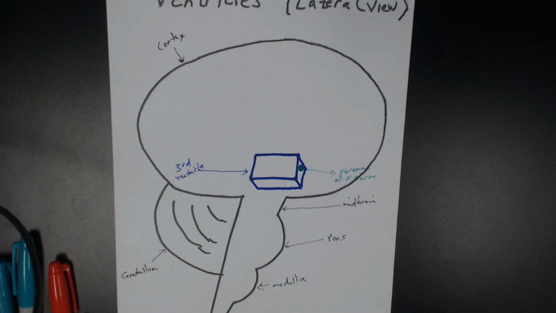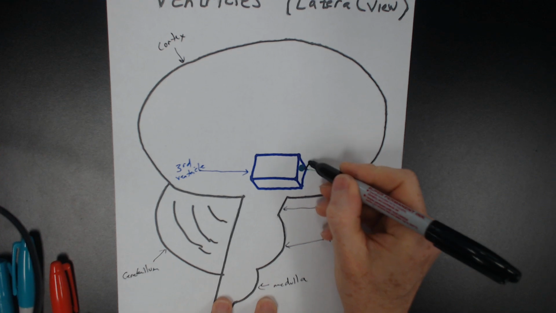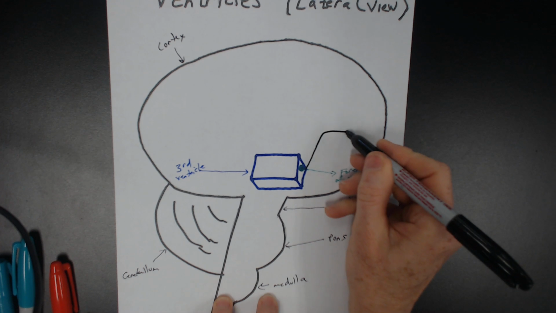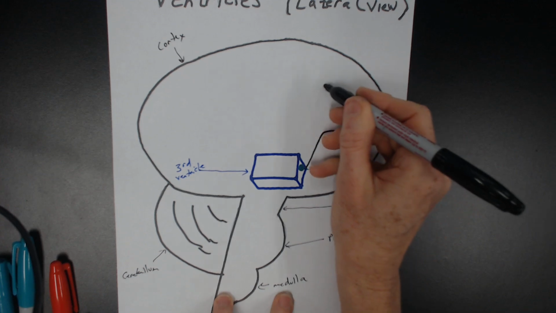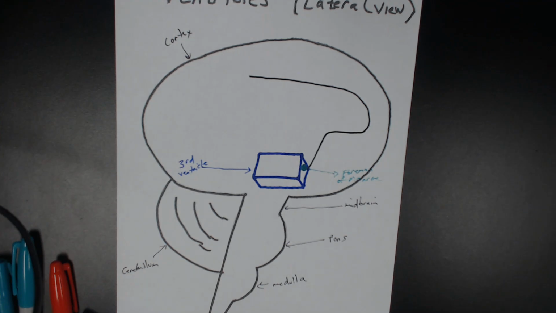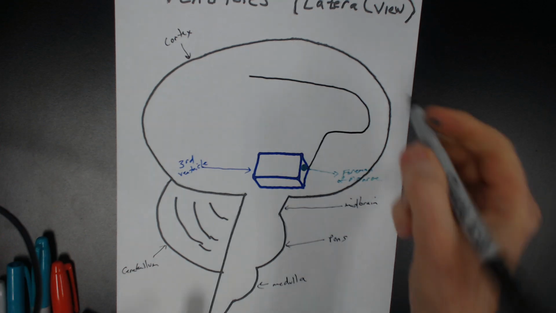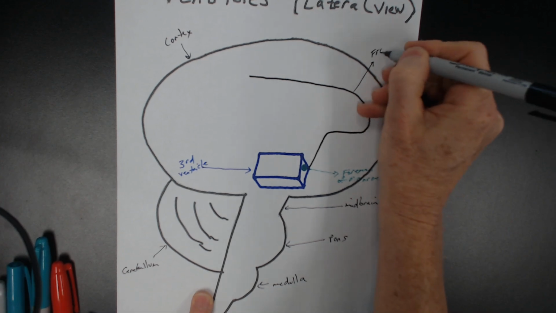And to draw that lateral ventricle, you're going to have a part here, and then there's going to be a part that comes off here in the front. This part of the lateral ventricle that you can see really well from the side view is called your frontal horn.